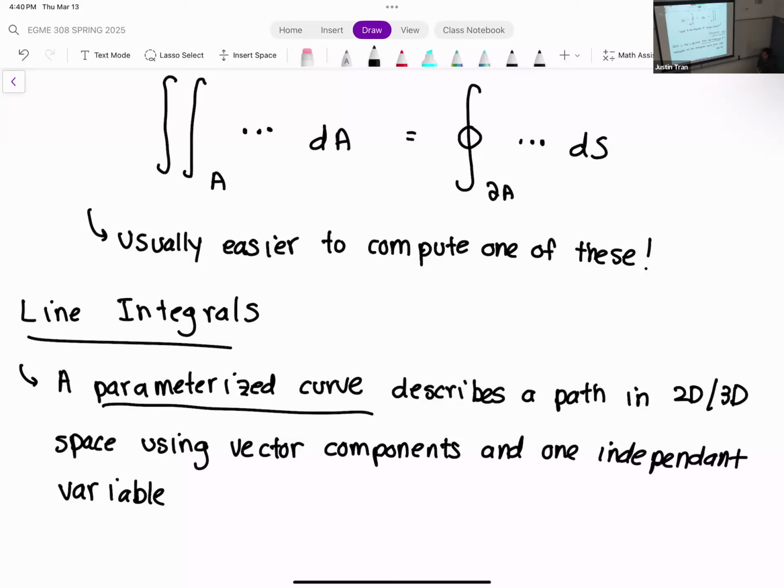So a parameterized curve is nothing more than a parameterized vector, where each component of the vector describes a certain location in space, and those components depend on one independent variable.